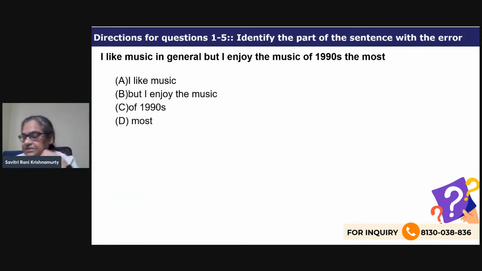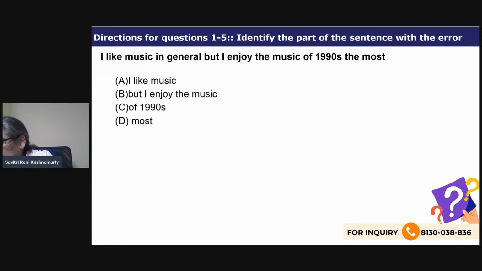Which part of the sentence has the error? I'm seeing 14 students. I want to see as many answers and likes as possible, if you like the session. Quickly, A, B, C, or D?